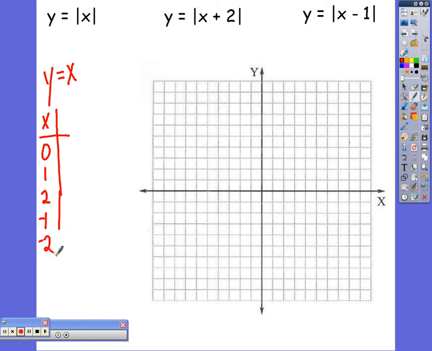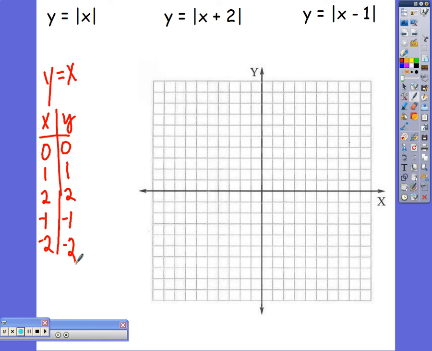Okay? So if x is 0, y is going to be 0. If x is 1, y is going to be 1. If x is 2, y is going to be 2. And if x is -1, y is going to be -1. And if x is -2, then y is going to be -2.